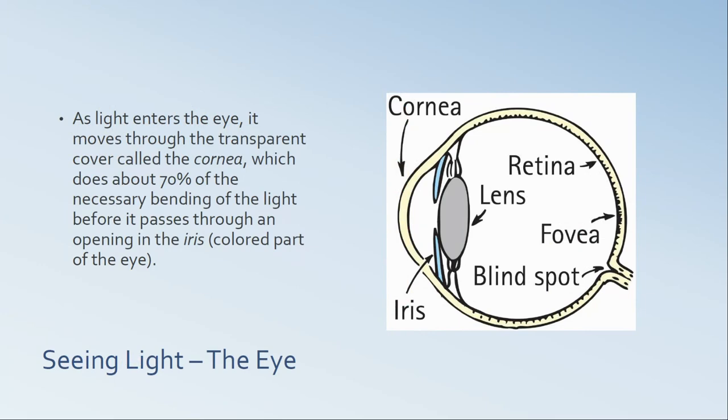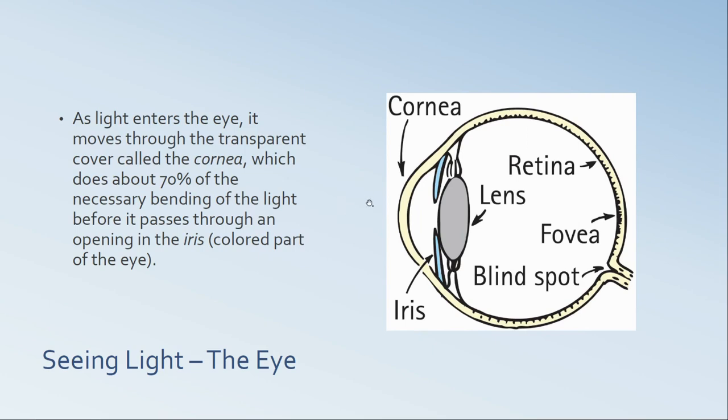So how do we actually perceive this electromagnetic radiation that we call light? Well, we perceive light with our eyes. As light enters our eye, we have a transparent covering in the front called the cornea. And our cornea is a curved, clear structure, and the cornea does about 70% of the bending of light to help us focus on objects we're looking at.